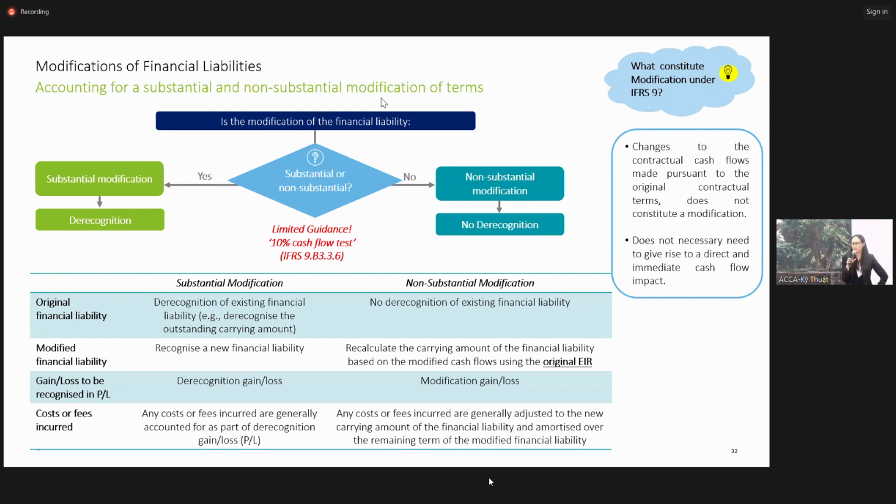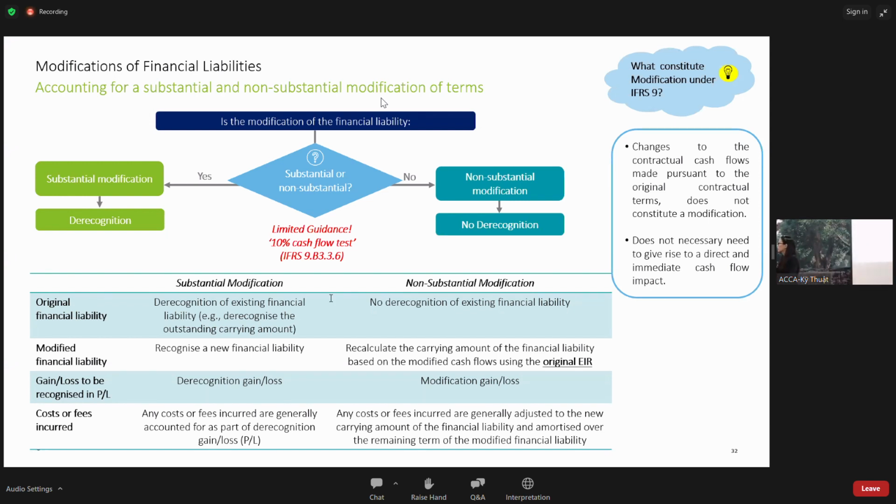If it's below 10%, then it is non-substantial. So what happens if it is substantial? Then the original financial liability will be de-recognized. So I will take it off. Then if it's non-substantial, I will not de-recognize, but I will have to remeasure it.